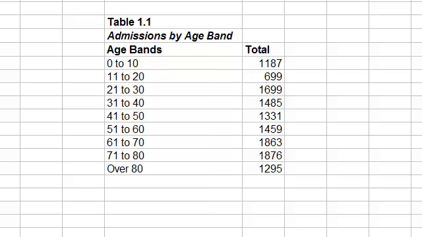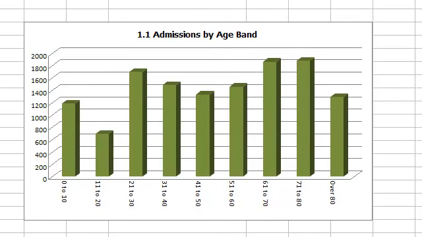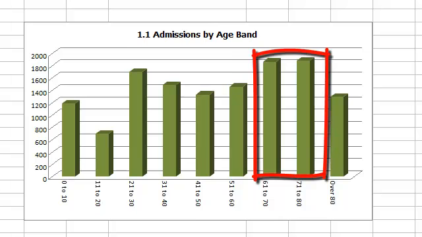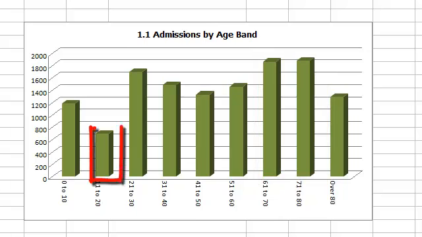For the data in Table 1.1, a suitable diagram is a bar chart, where each age band is represented by a bar, the length of the bar representing the number of admissions. The bar chart shows at a glance that the highest admissions are against the 61 to 70 and 71 to 80 age bands, and the lowest at 11 to 20.